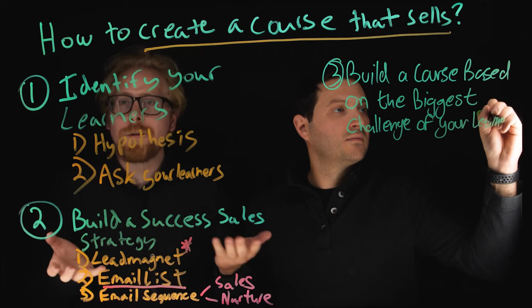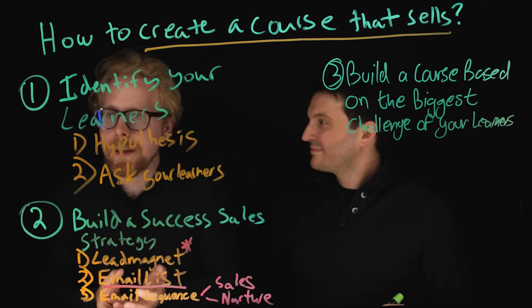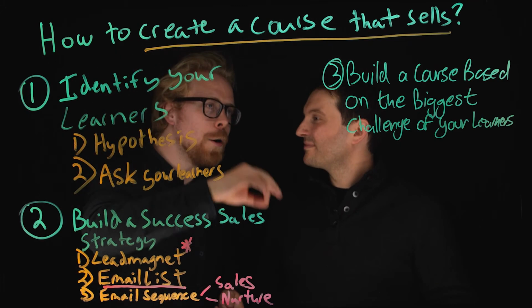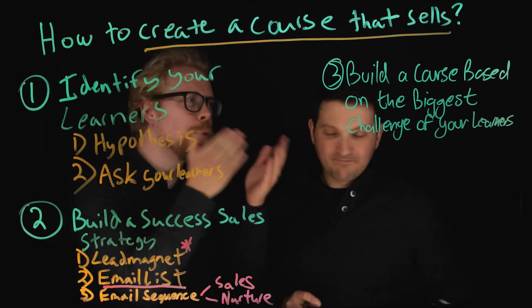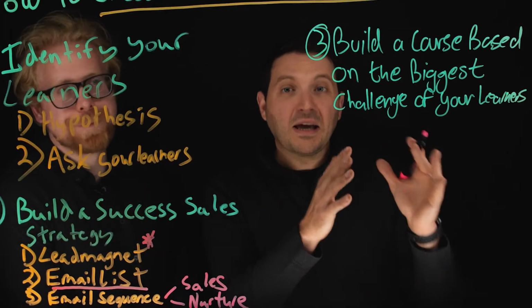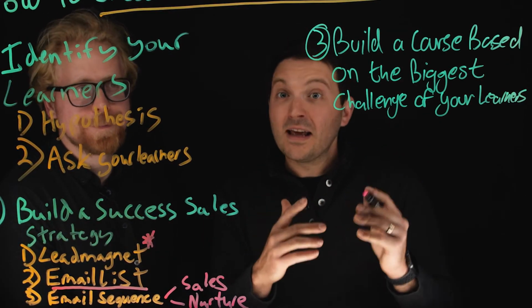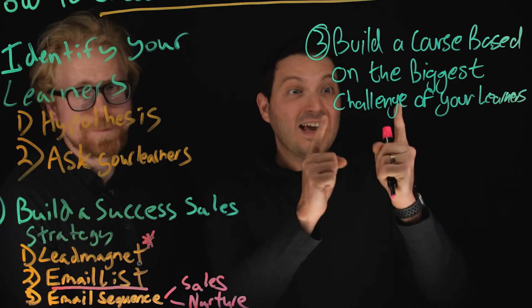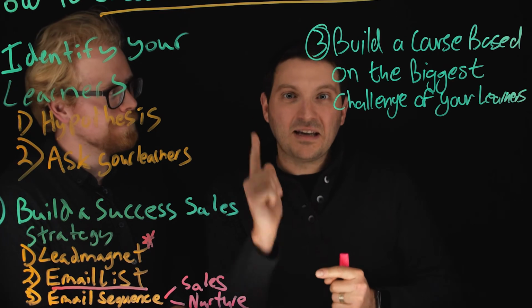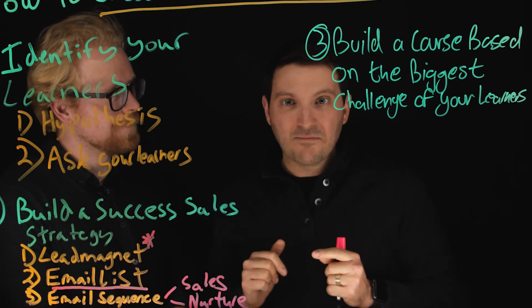Because your entire marketing sequence is going to be built around how you have the solution to their biggest challenge. Super important. Again, this is your sales copy for that email sequence because you're speaking directly to their pain points.